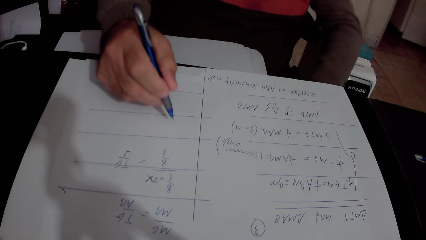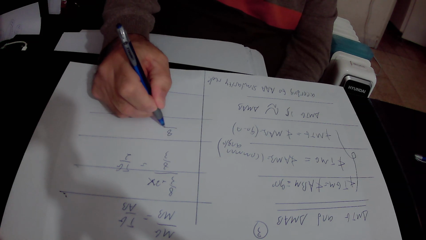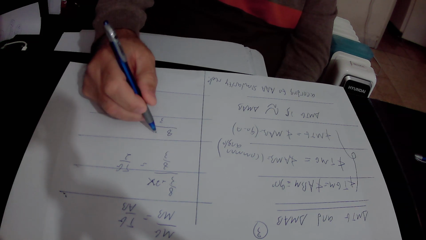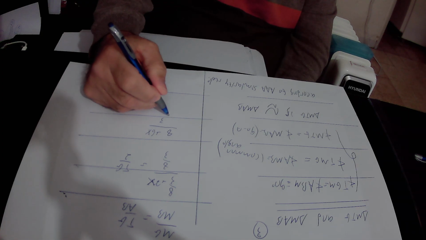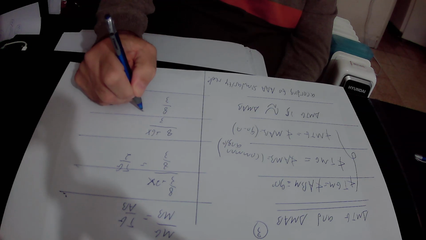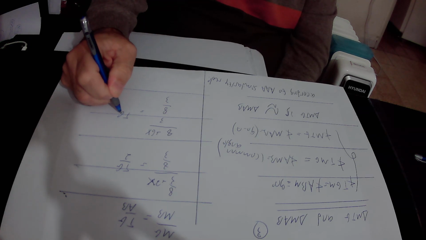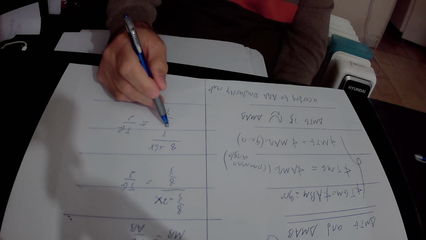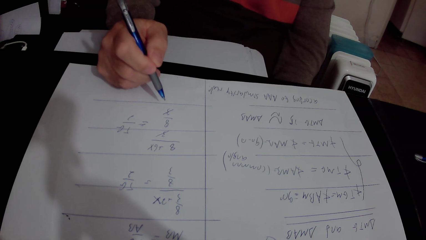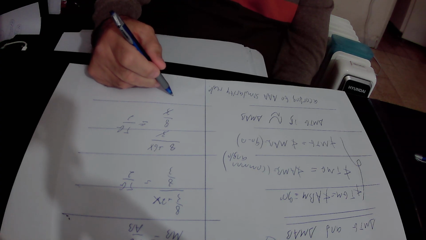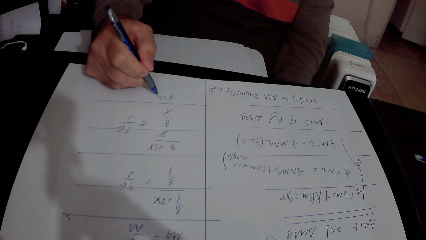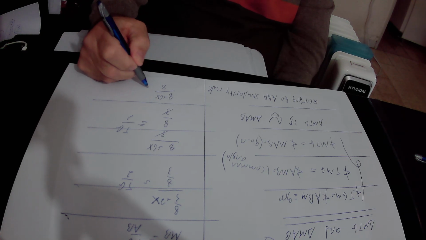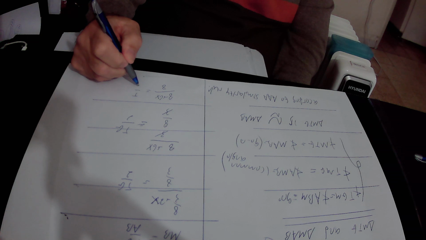And we get that 8 over 3, 2x times 3 is 6x over 3, over 8 over 3 equals to TG over 2. Here, this side of the equation we have 3 in the numerator and 3 in the denominator, so 3 will get cancelled, and finally we are left with 8 plus 6x over 8 equals to TG over 2.